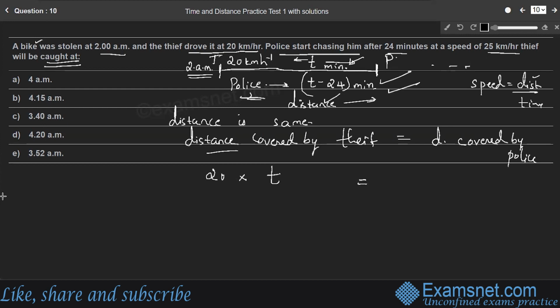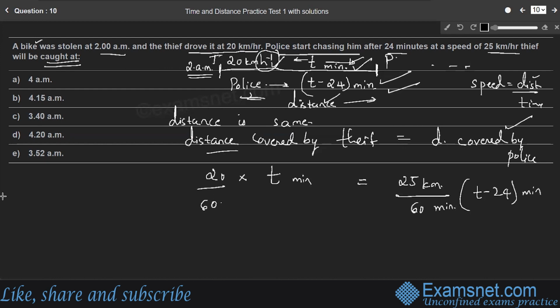Here 20 kilometer per hour is in terms of hour, whereas time taken by him is in terms of minutes. So divided by 60 gives kilometer per minute, right? 20 by 60 kilometer per minute. So distance covered by police is 25 kilometer per hour, divided by 60 gives 25 by 60 kilometer per minute, into time taken by police, T minus 24 minutes, right?